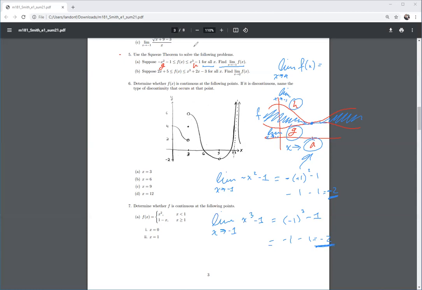So you can imagine -2 less than or equal to f of x less than or equal to -2. And we see that it's trapped between -2 and -2. So the only value in there is -2, right? So then the limit as x approaches -1 of f of x is equal to -2, this value here.